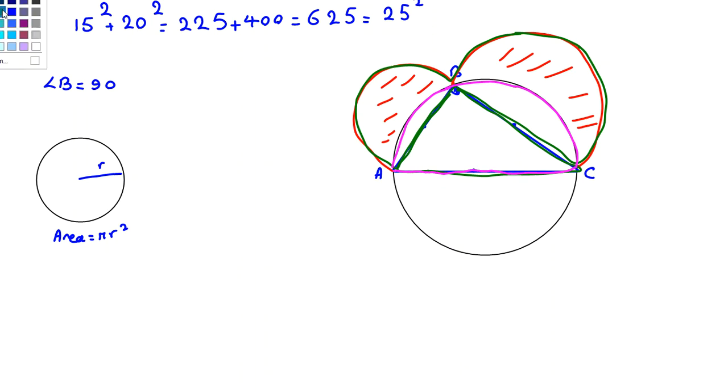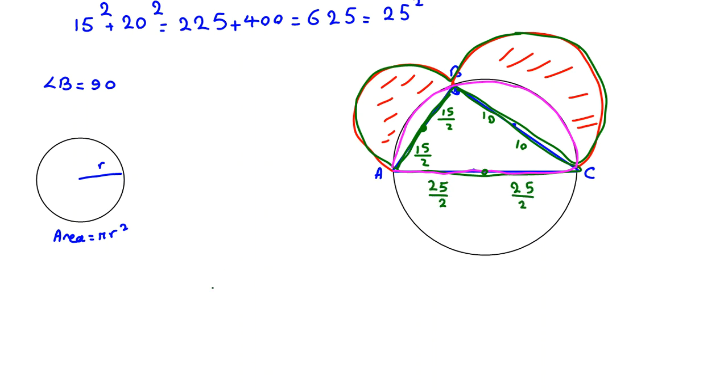So the green area, let's consider the radius. This one is 15, so the radius is 15 over 2, which is 7.5. This length is 20, so the radius is 10. This one is 25, so the radius is 25 over 2.